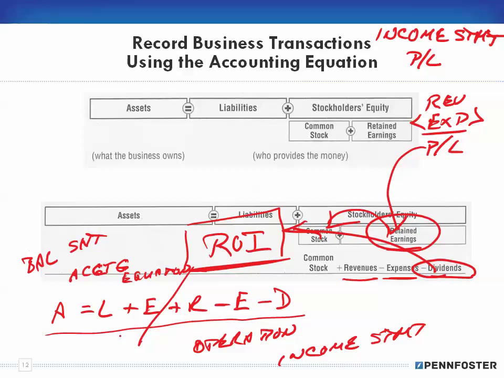Keep that relationship in mind. Build that as a framework on how to think about the flow of the information and where things go. All right, let me look at the next slide here.